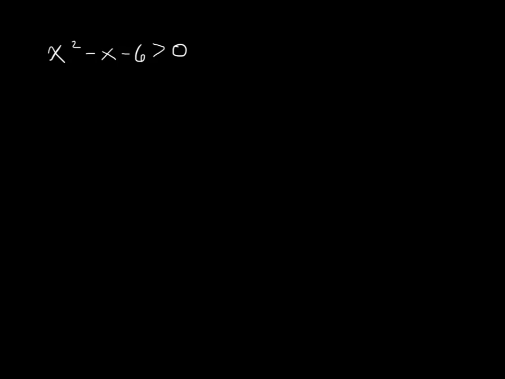So here's our inequality. The first thing that we're going to do is factor. We can write this as x minus 3 times x plus 2. What this says is that if we multiply a number times another number, we've got a product here, and the product should be greater than 0.